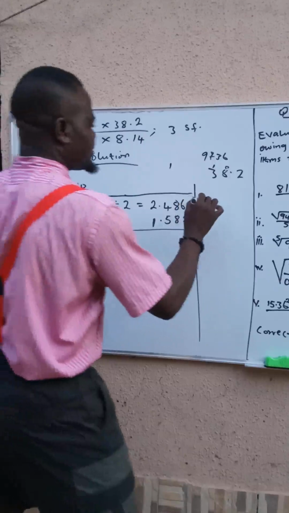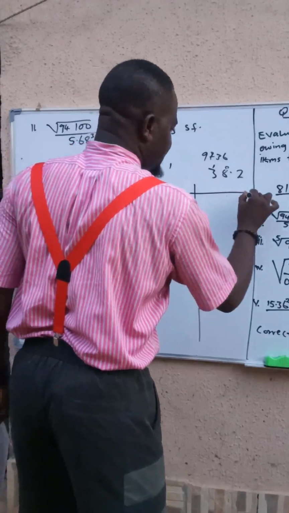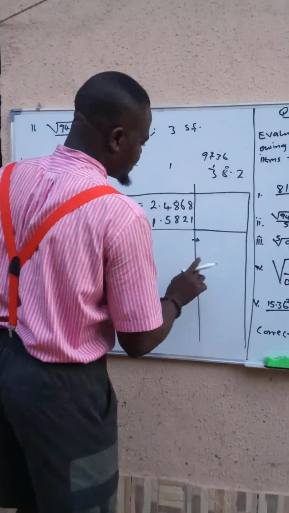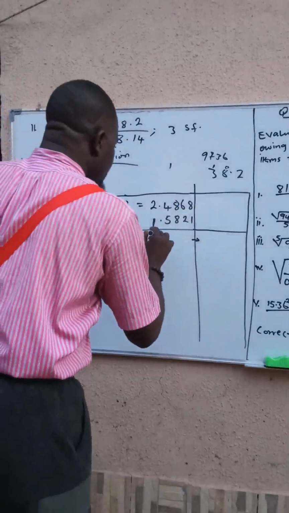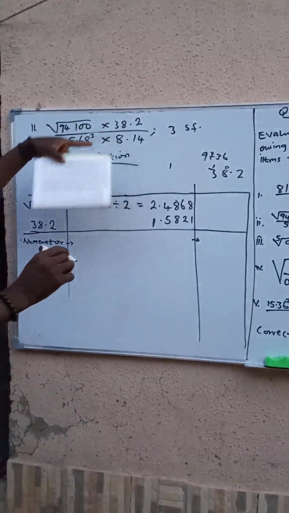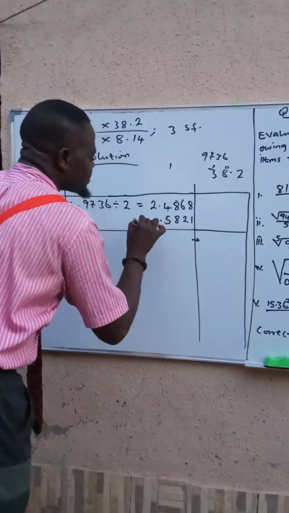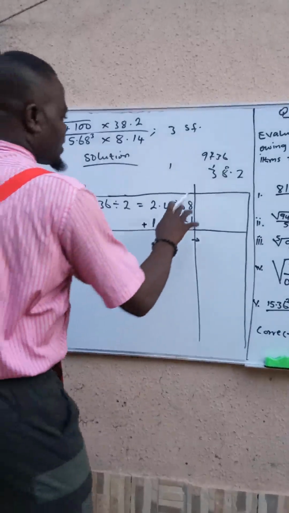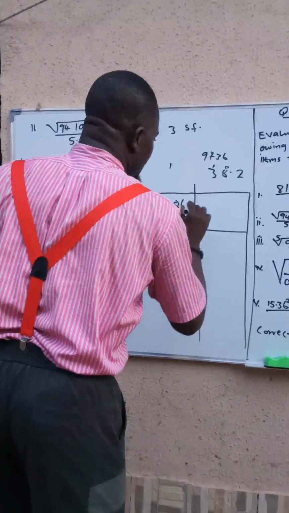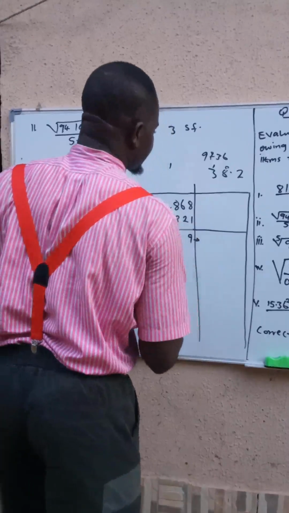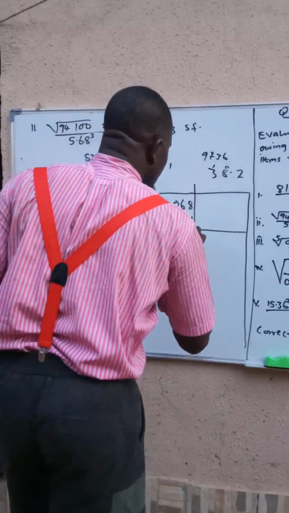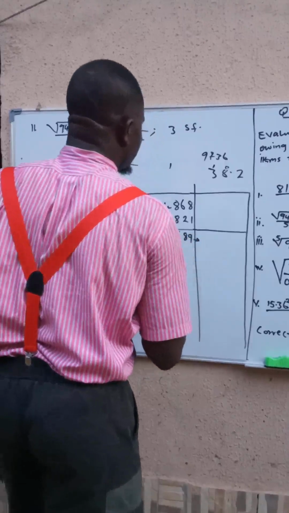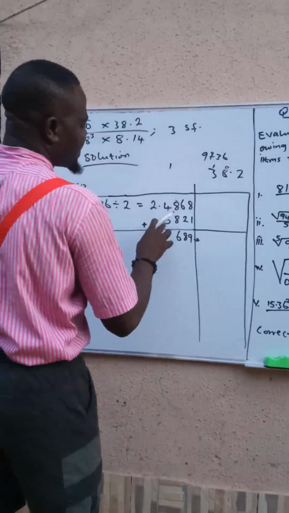You have to draw another line because your work has to be neat. The numerator, this one will now be what? Listen, since it's multiplication, it will be plus. If it's division, that is here, we have to subtract. Now in this case, we have what? 1 plus 8 is 9. 6 plus 2 is 8. 8 plus 8 is 16. 4 plus 5 is 9.